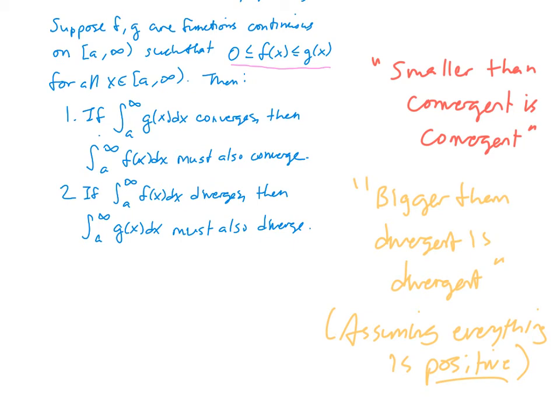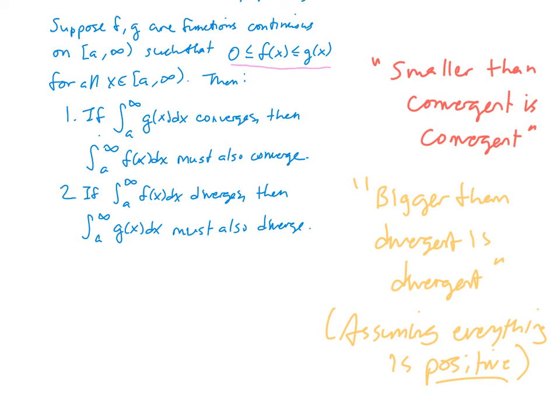Okay, now, the most important thing to notice is the two things I didn't say. I did not say that smaller than divergent is convergent. And that's because certainly an integral that converges is going to have a smaller value than an integral that diverges, because the one that diverges in this discussion goes to infinity. And I didn't say that bigger than convergent is divergent. It is true that something divergent will be bigger than something convergent, but here's what we don't know.